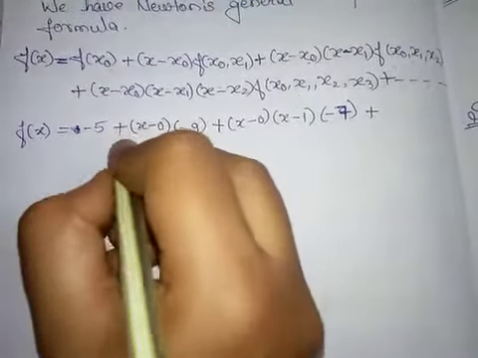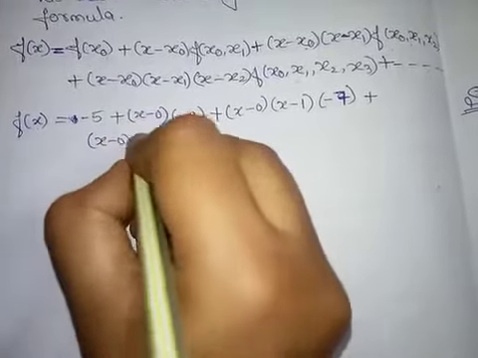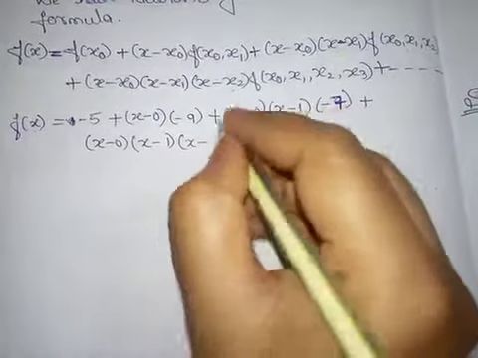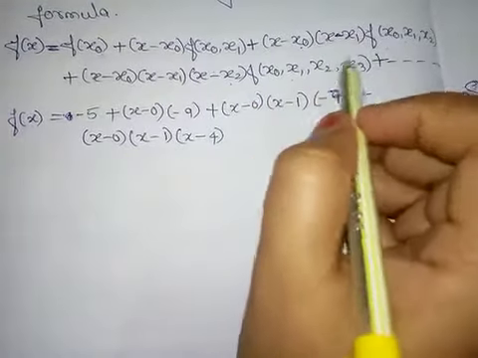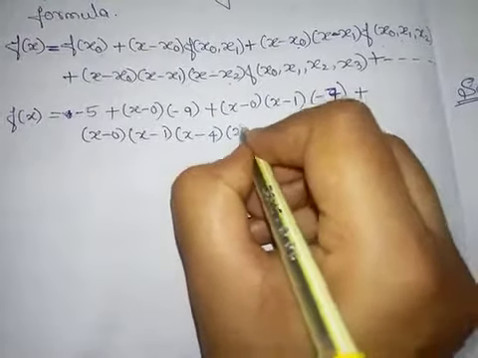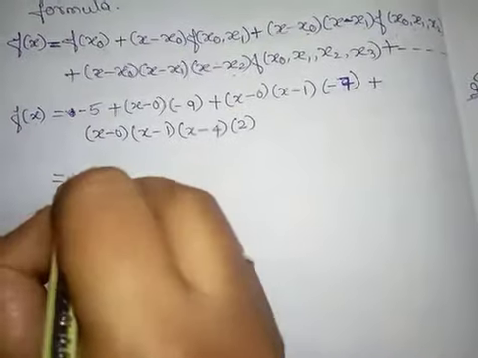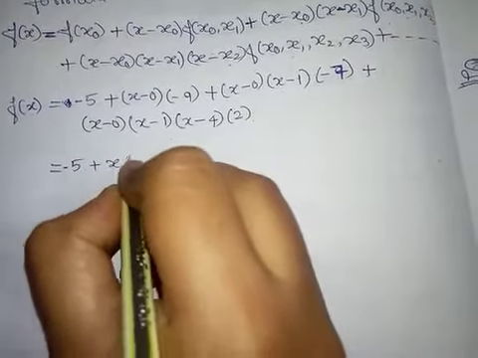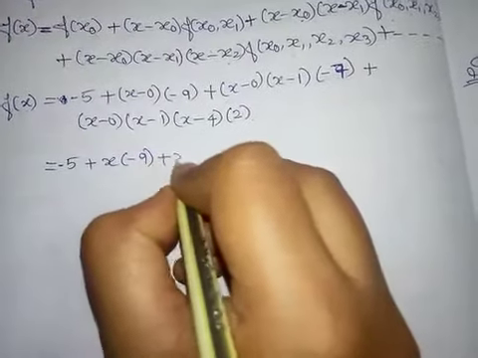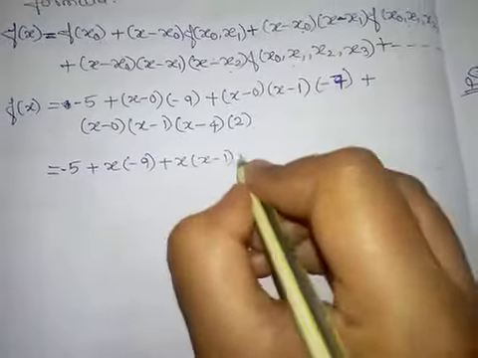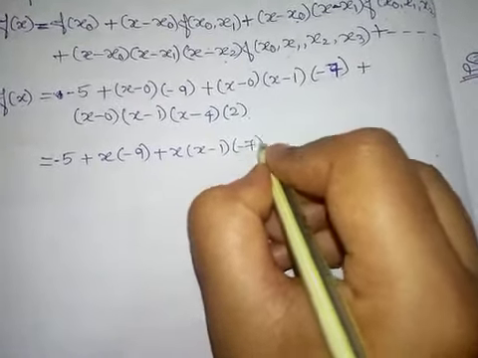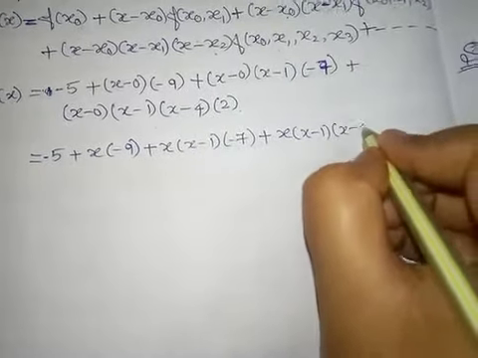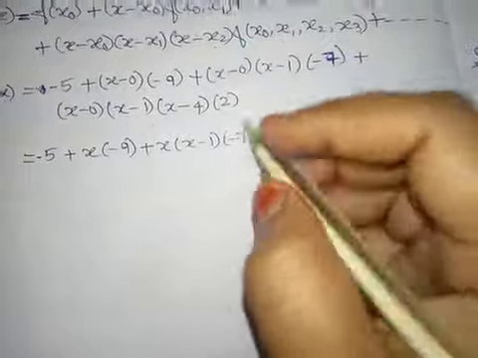Next term is x minus x0, x minus x1, x minus x2, x2 value is 4. f of x0, x1, x2, x3 value is what? 2, which is equal to minus 5 plus x into minus 9 plus x into x minus 1 into minus 7 plus x into x minus 1 into x minus 4 into 2.